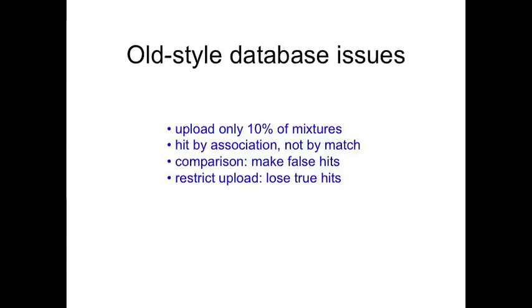It's not a very good representation. It loses tremendous information. And in order to prevent false hits, so the police aren't spending all their time arresting the wrong people, they restrict the upload to only the simplest mixtures with the simplest alleles that satisfy high match statistics for CPI that don't get that high anymore. And that way, they lose the true hits for mixtures, maybe about 90% of them.